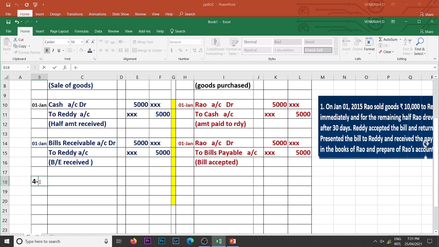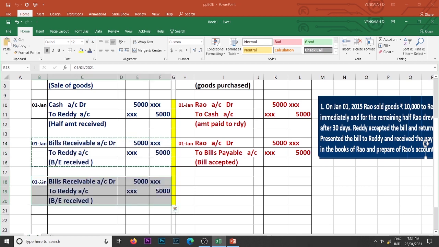So 4th February, you received the money.